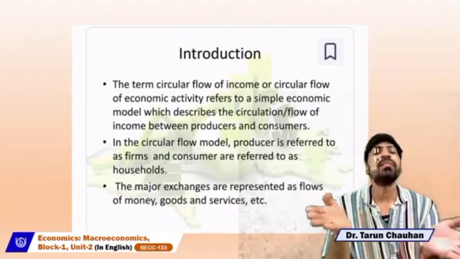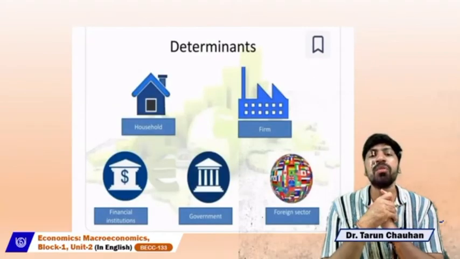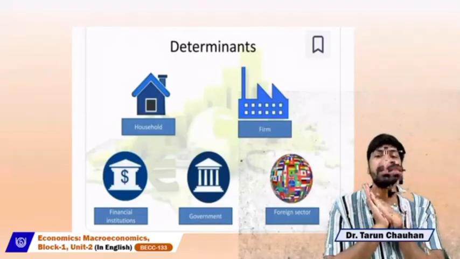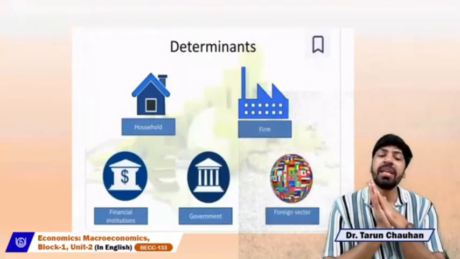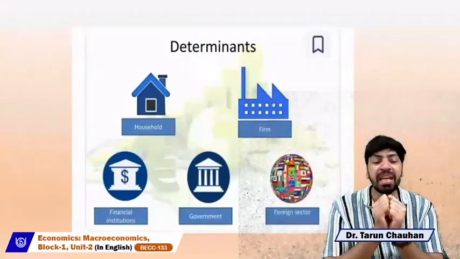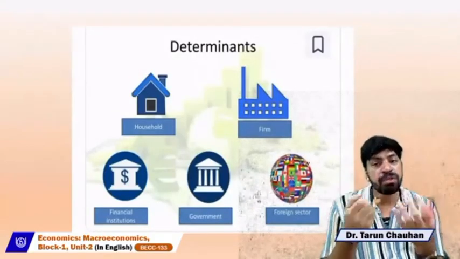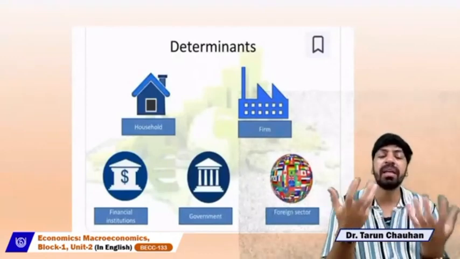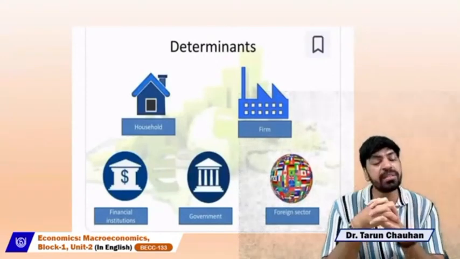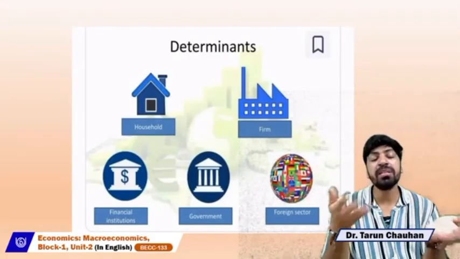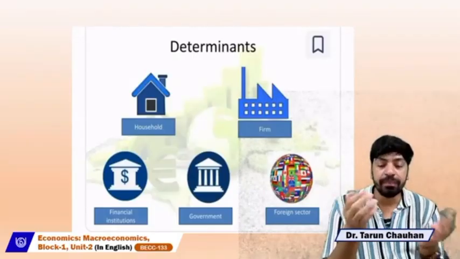These are the determinants of the circular flow of economic activity. The first is household, the second is firm, and the third is financial institution, which helps the household and firms by offering money and exchanging currencies.